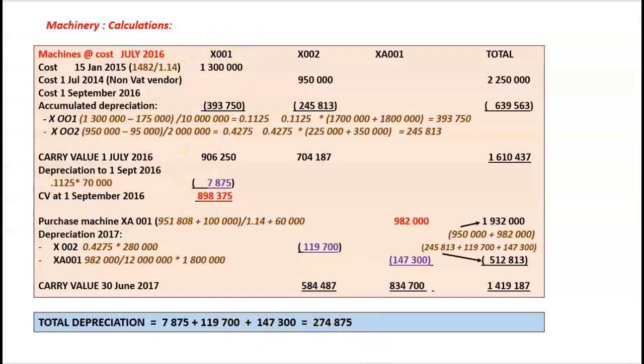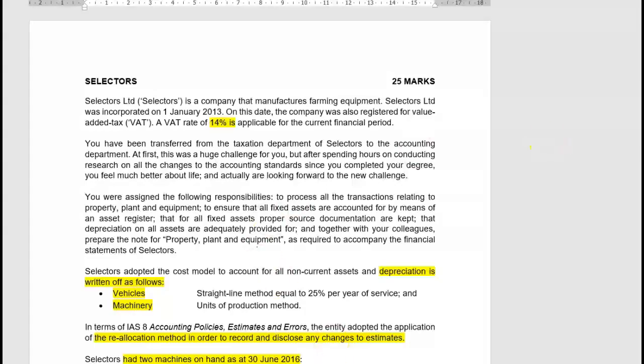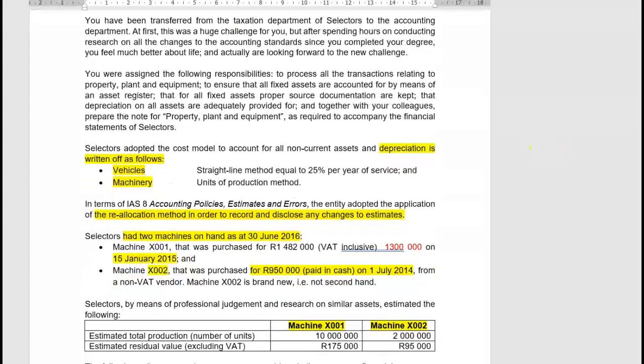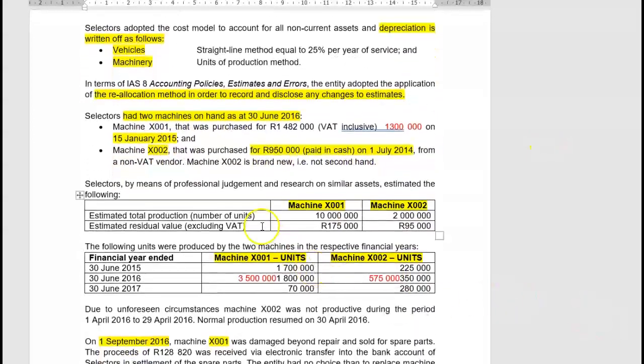Machine X001 was purchased for 1.3 million, there's the cost price, on 15 January 2015. So what is going to be our depreciation charge up to the beginning of the year?